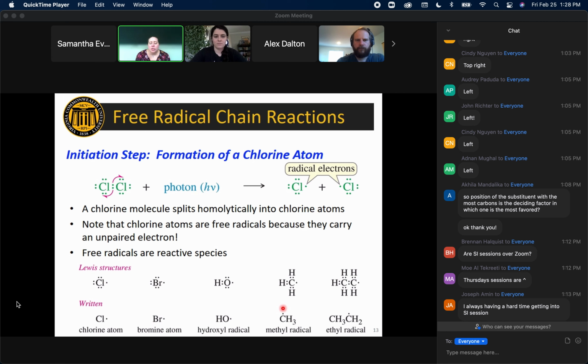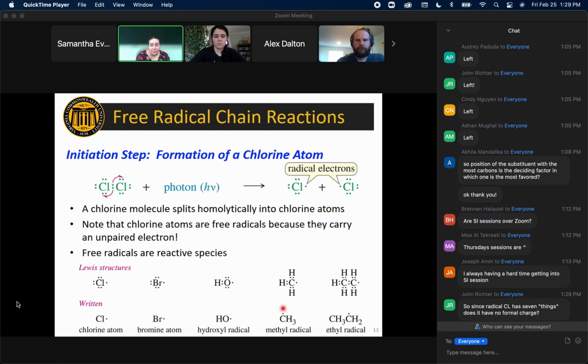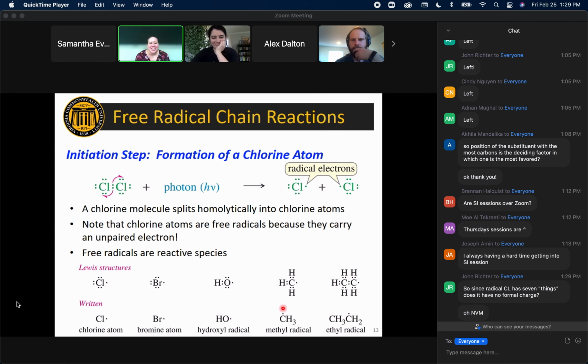What is the formal charge on that carbon atom? None of these radicals that I'm showing on the slide here have a formal charge, right? This carbon atom has 3 bonds to the 3 hydrogen atoms, and it has 1 electron. So we've counted up 4 things, if you like the thing method of counting for formal charge, and carbon has a valence of 4.